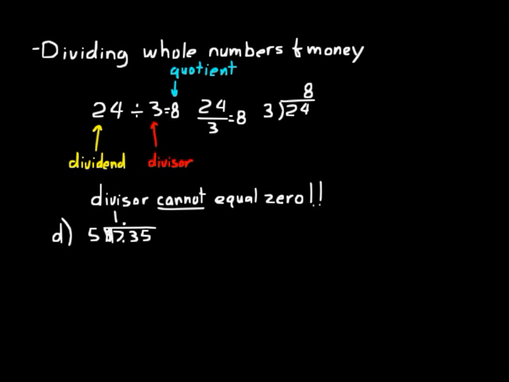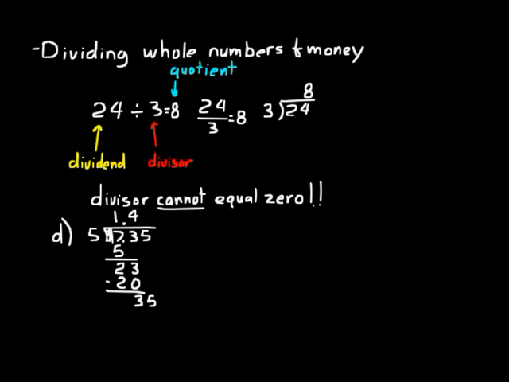And so we do 5 times 1 is 5, and bring that down, and subtract. 7 minus 5 is 2. And then bring a 3 down, we have 23. And then we say 5 can go into 23 4 times. And so we do 5 times 4 is 20. Subtract those two. 23 minus 20 would be 3.